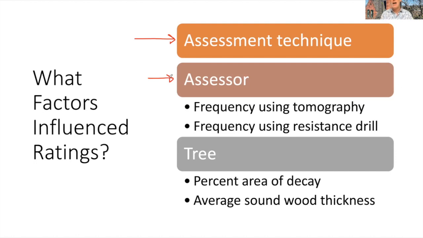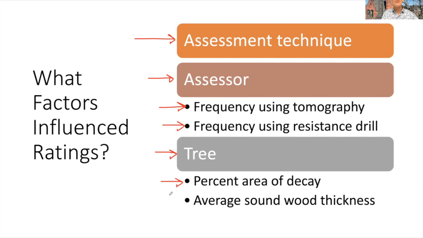This shows up in 2 ways. One, it shows up as how frequently assessors use tomography and how frequently they used a resistance drill. Those 2 factors we'll go into in a little more detail in a second. What else influenced the likelihood of failure ratings? The trees themselves.